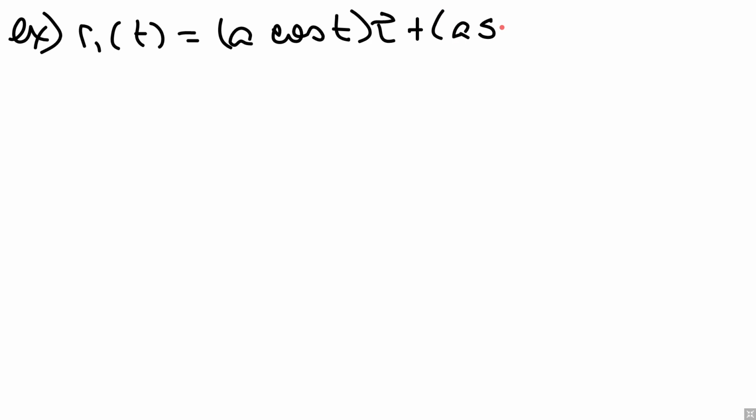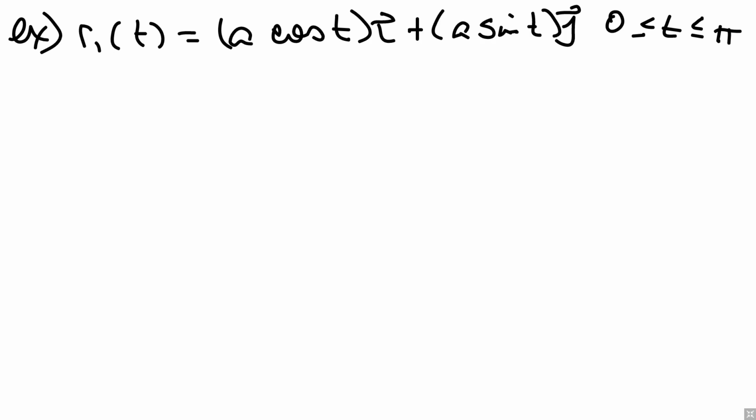In this example, we want to find the circulation and flux of the field F around and across the closed semicircular path that consists of the semicircle arc, R sub 1, of t, defined as a cosine of t in the i direction plus a sine of t in the j direction, where t is bounded between 0 and pi.